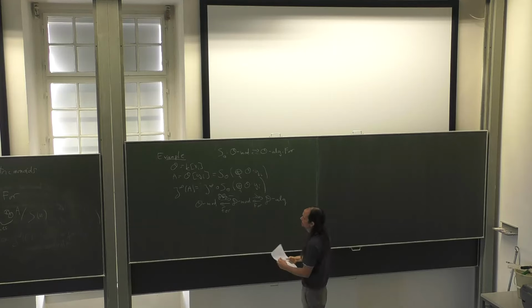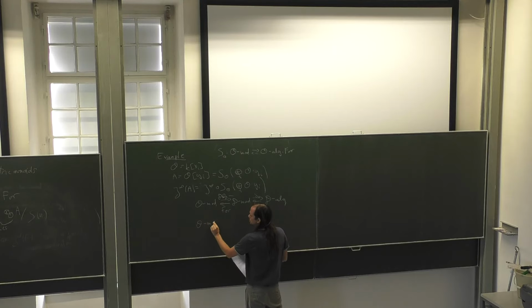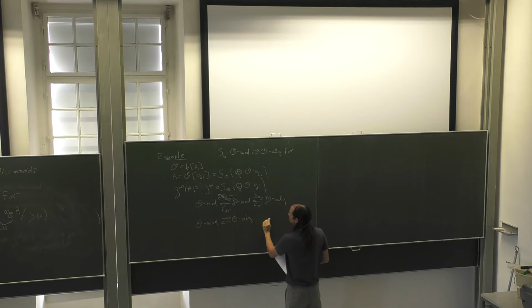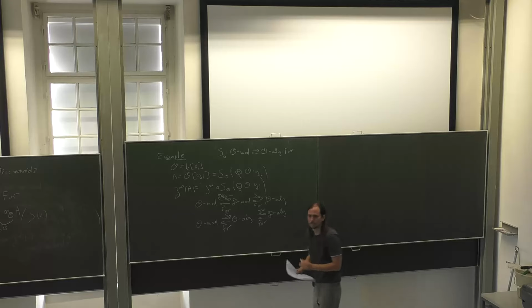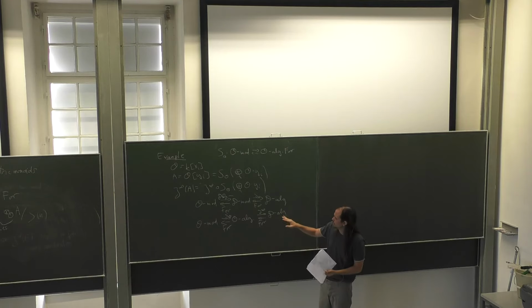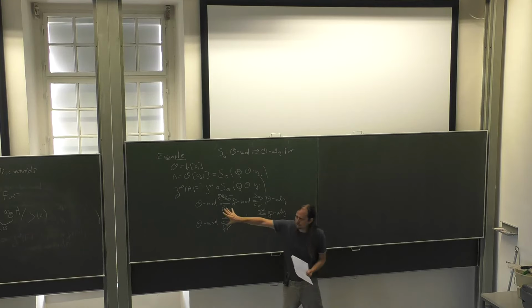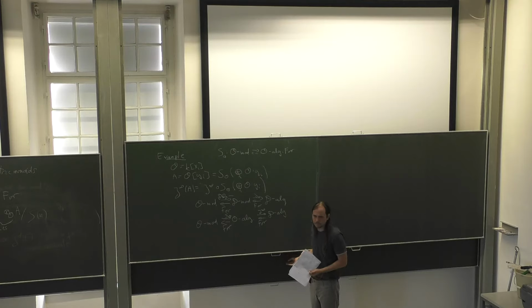Okay, so you can do this. O mod, O alg, D alg. Forgetful, and then this is really SO, J infinity. Now, composition of adjunctions is an adjunction. And since here the right adjoint is the same, the left adjoint should also be the same up to natural isomorphism.